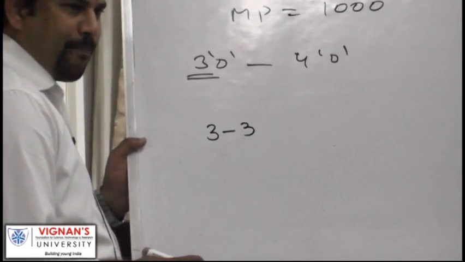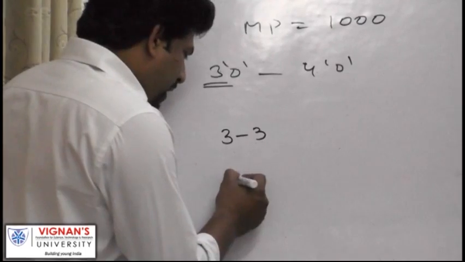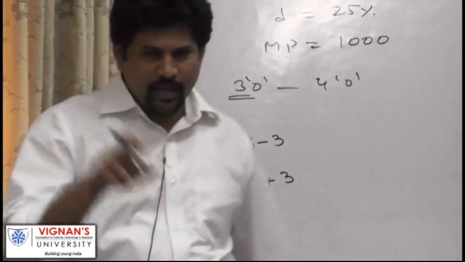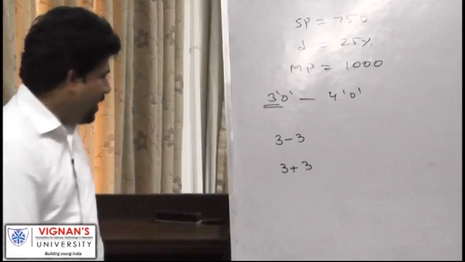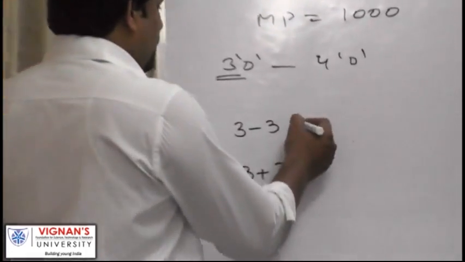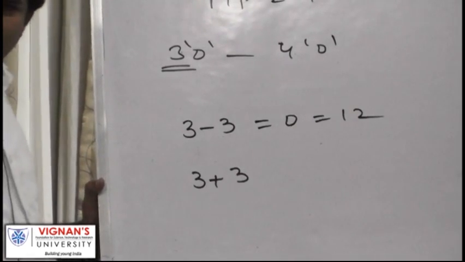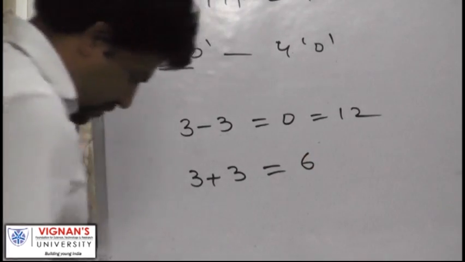Initial hour minus 3, and initial hour plus 3, because I am going 3 hours anti-clockwise and 3 hours clockwise. Right? What is 3 minus 3? 0. 0 means 12 hours. What is 3 plus 3? 6 hours.